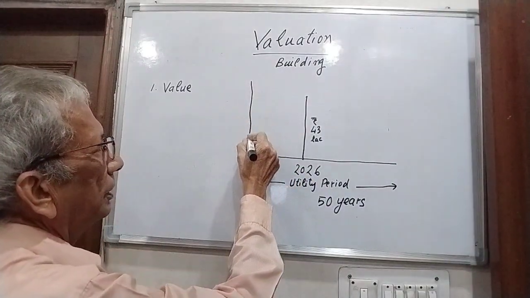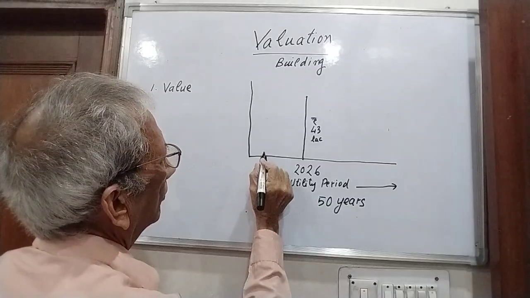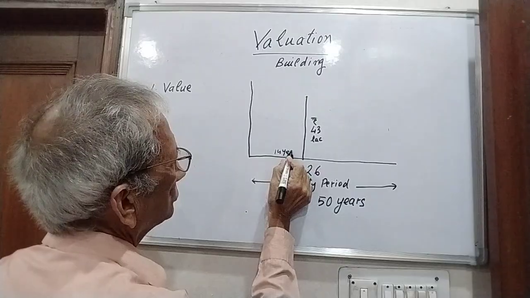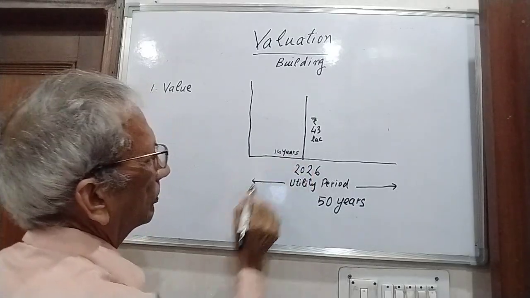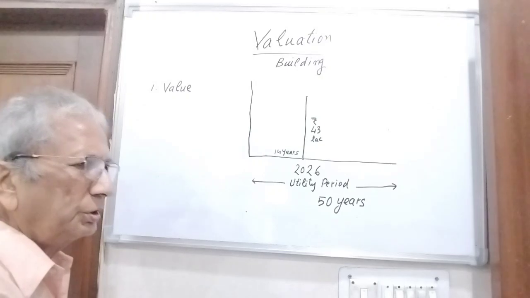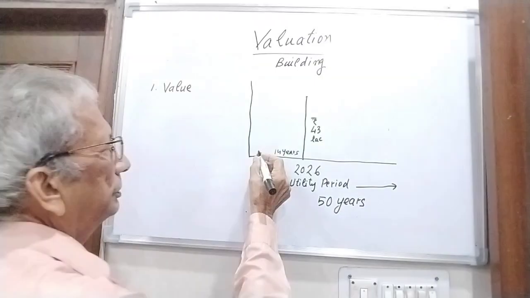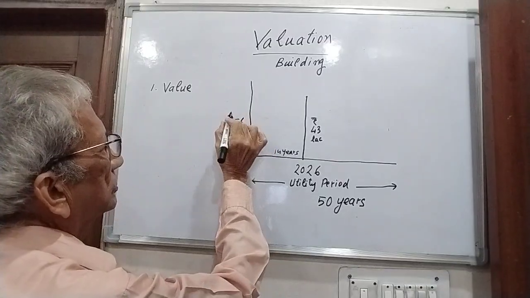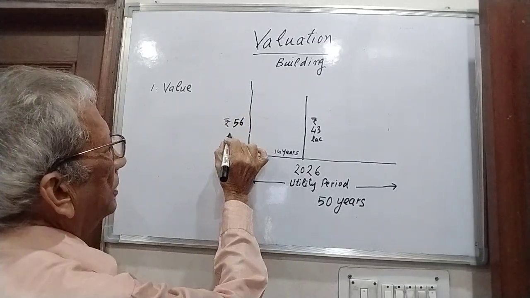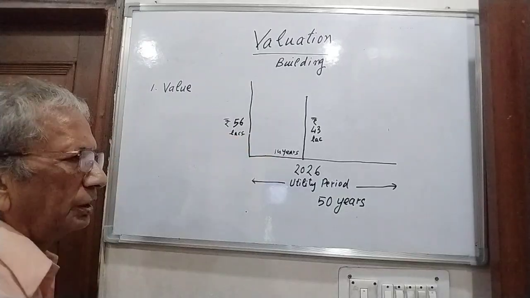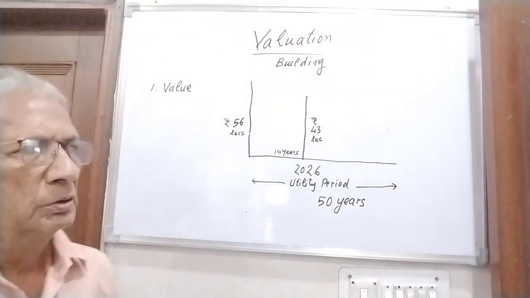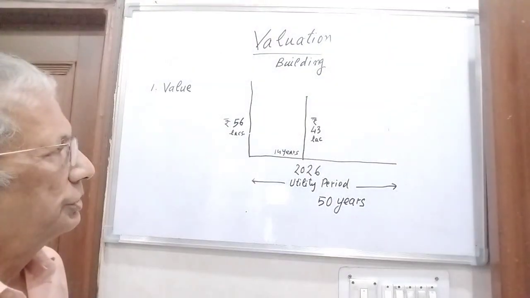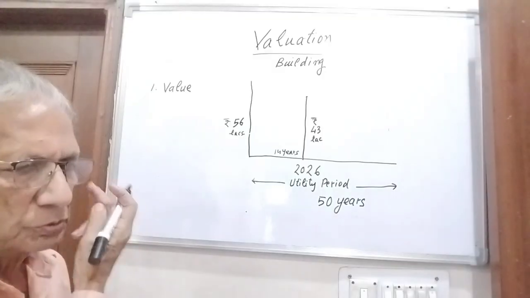Suppose 14 years ago, when the building was constructed, the cost of the building was 56 lakhs. It means the expenditure of the construction of the building was 56 lakhs. But today, after 14 years, the value of the building is 43 lakhs.